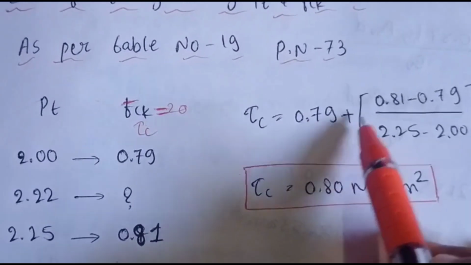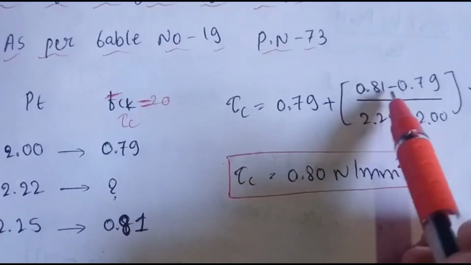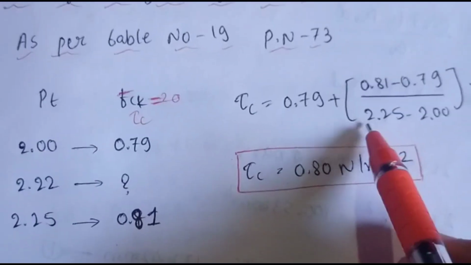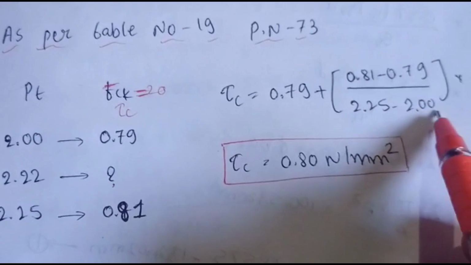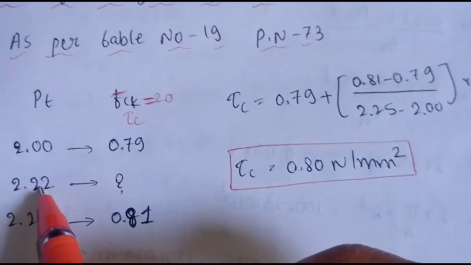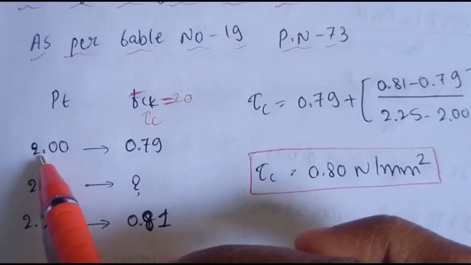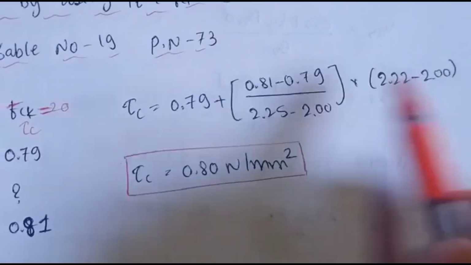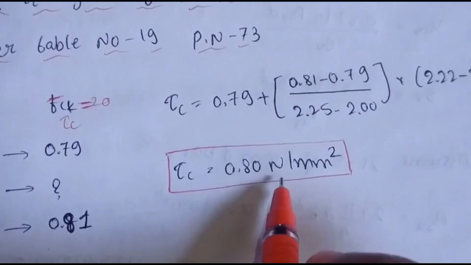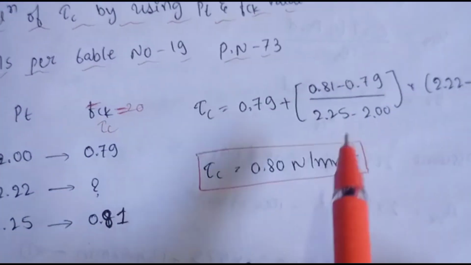Least value plus the greater value minus least value, that is 0.81 minus 0.79, divided by again the greater value minus least value, that is 2.25 minus 2.00, into the value which we want to find out, that is 2.22 minus the least value 2.00. Substitute all the values. After simplifying we will get our tau C value as 0.80 Newton per mm square. This is how we do the interpolation.